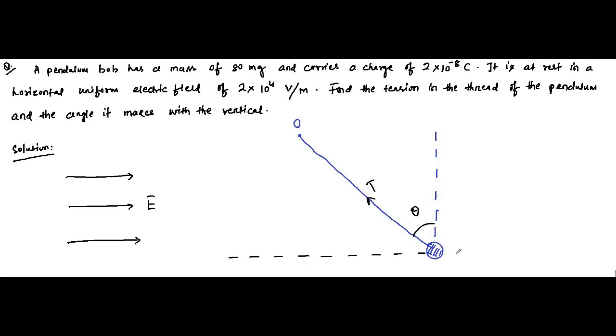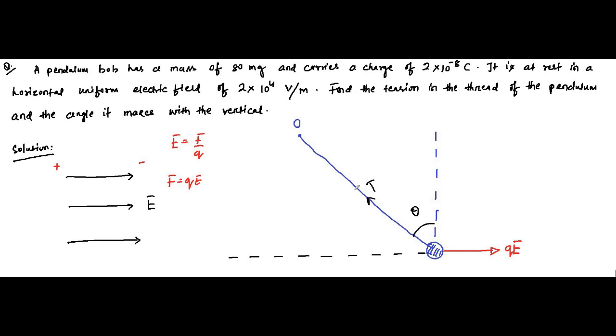The first force that will act on this pendulum is the horizontal electric force, because it carries a positive charge and the electric field is directed from positive to negative like this. So this will be the electric force acting on it. We know electric field is equal to force by charge, so force is equal to QE. This is the electric force acting on the pendulum in the horizontal direction.